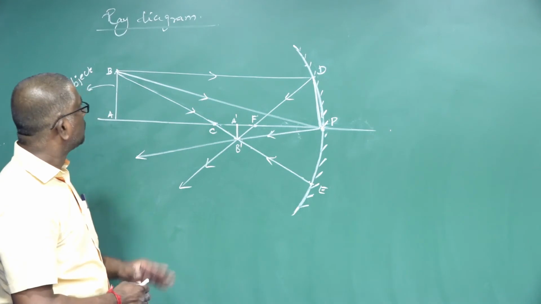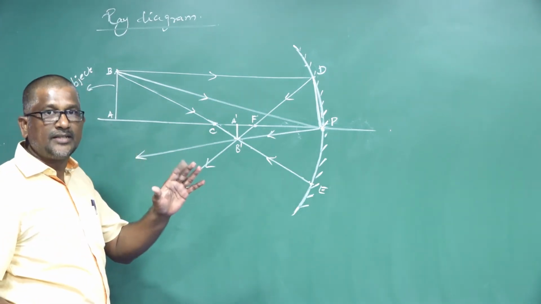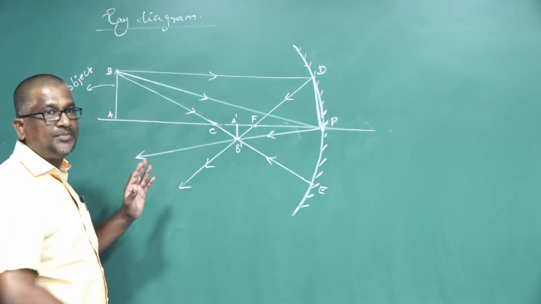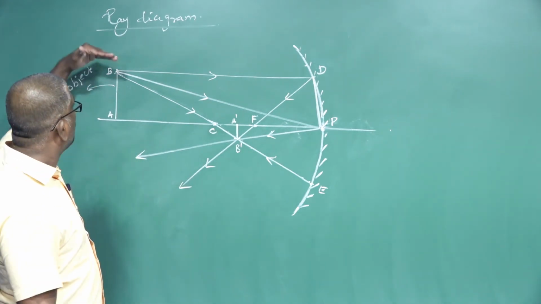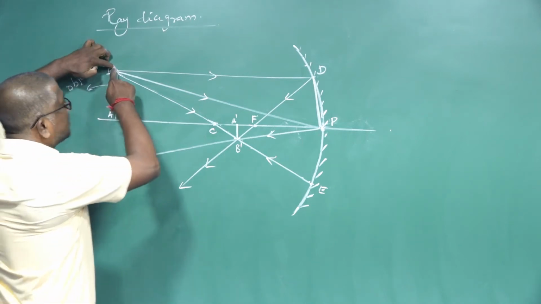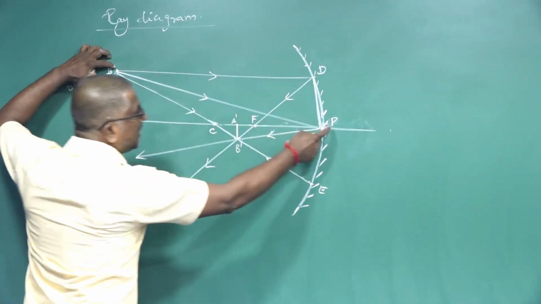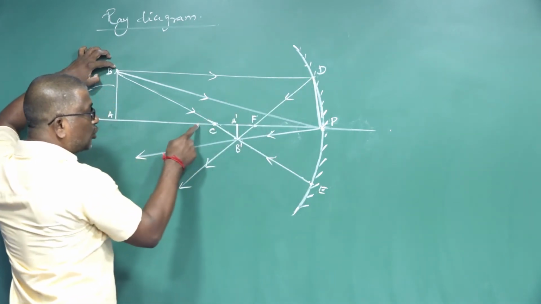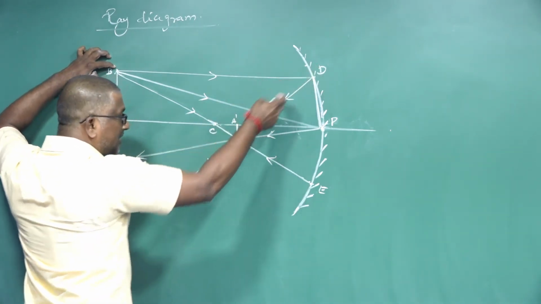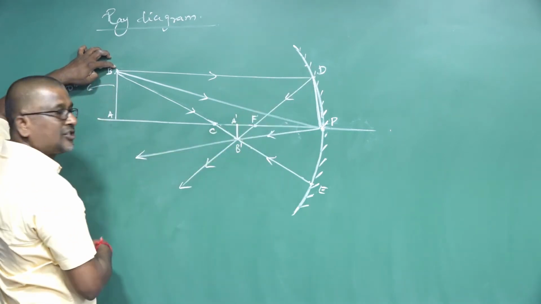So three paraxial rays should be considered from the object in order to derive the mirror equation. One is BD, second BP, and third BE. The first is parallel to the principal axis, and after reflection it travels along the DB dash direction.